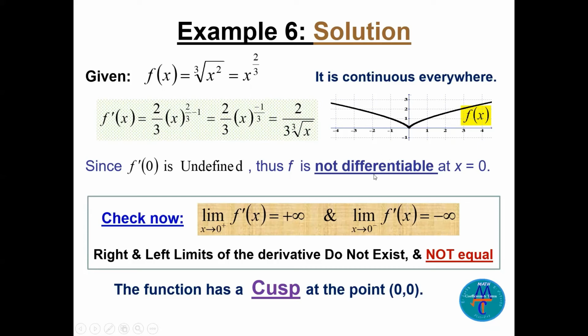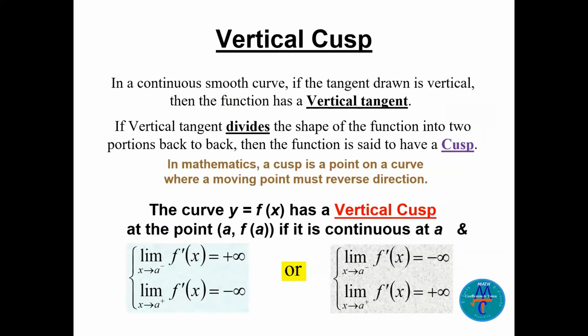It's not a vertical tangent. It is not a sharp corner. So this is a vertical cusp. In a continuous smooth curve, this is only to explain the word here. In a continuous smooth curve, if the tangent line drawn is vertical, then the function has a vertical tangent.